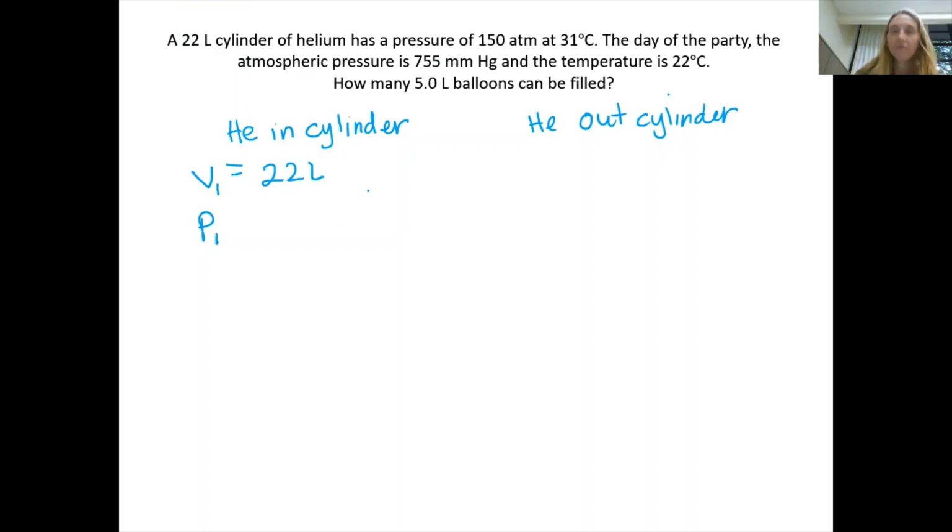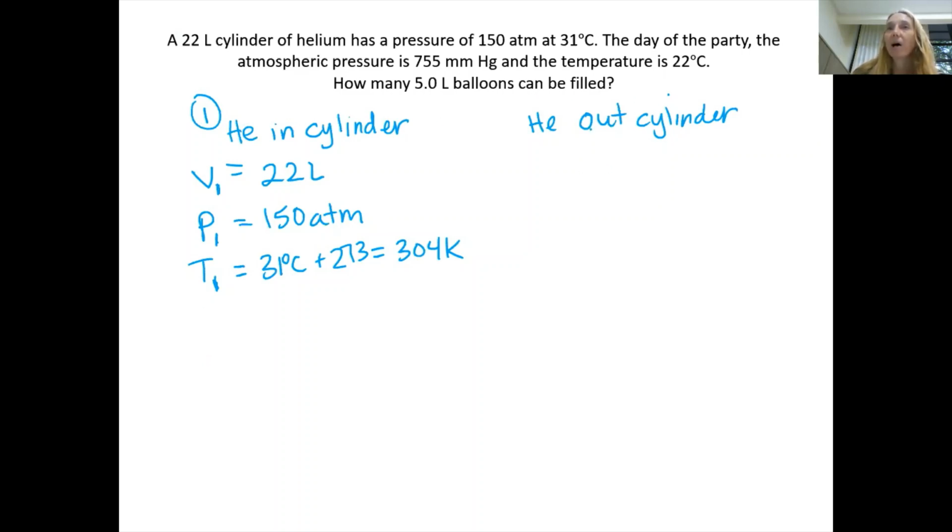It has a pressure of 150 atm, and the temperature is 31 degrees Celsius. I'm automatically going to convert that to 304 Kelvin. So helium in the cylinder is situation 1, and I've written up 1, 1, 1.